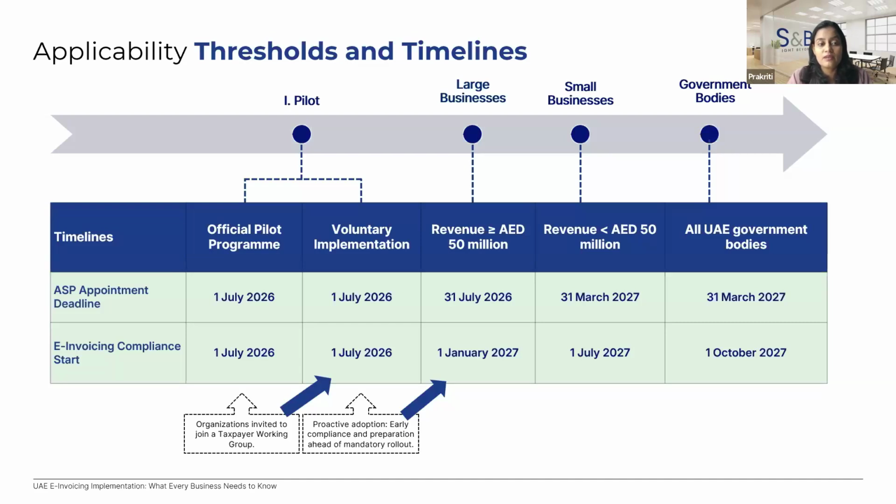So there is a place where you need to appoint the ASP, you have to freeze it. The ASP has to approve it. So it's a bilateral thing. And only then would you be said to be complying with the requirement of appointment of an ASP by the due date.